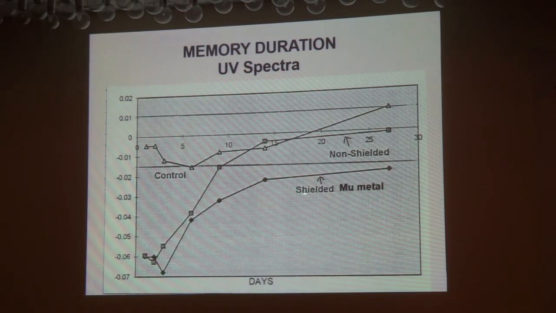One was put in a mu metal shield, and one was just left in the air. Eventually they both go back to control after about 25 days, but the mu metal shielding obviously keeps the energy and the information a lot longer.